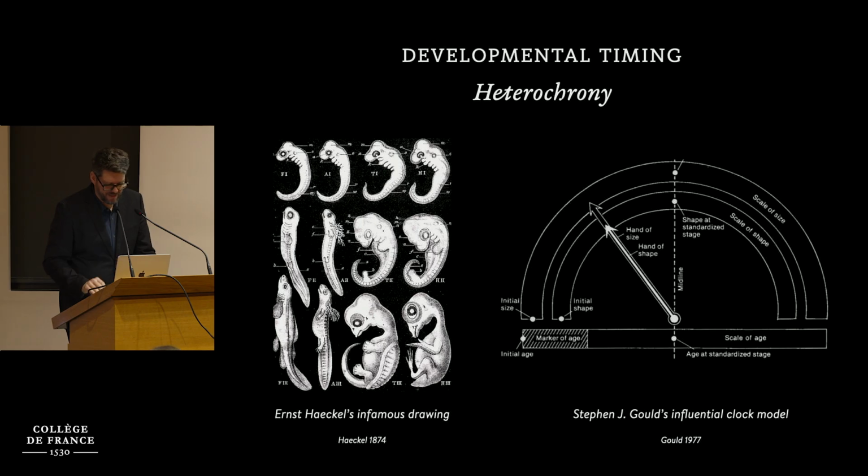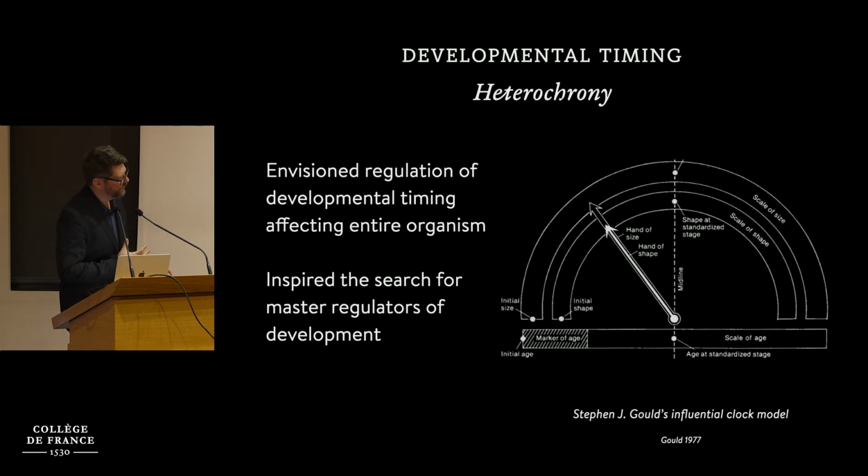Later on, this term took on a different meaning, and I would say that the most influential use of that term comes from Stephen Jay Gould's work in the 1970s. This famous Harvard professor tried to use that model of heterochrony, and he developed this influential clock model.